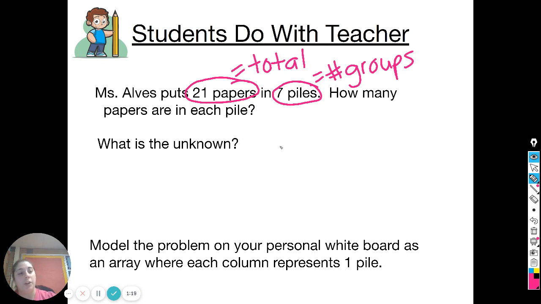So on your whiteboard, you should have written the size. The unknown is the size of the group. So we do not know how many papers are in each pile.